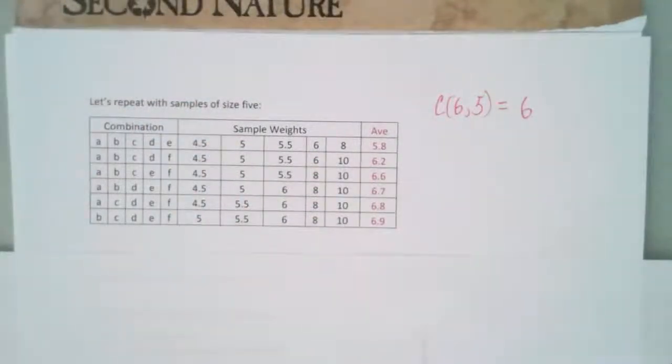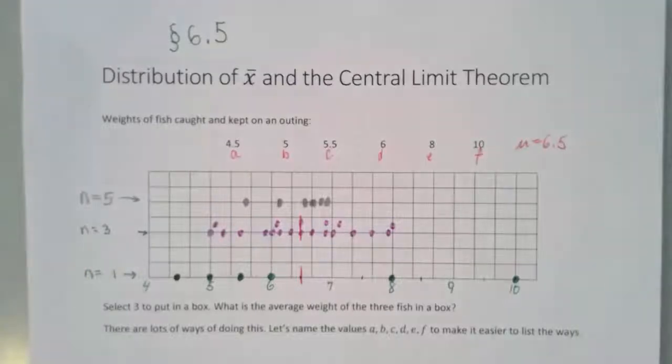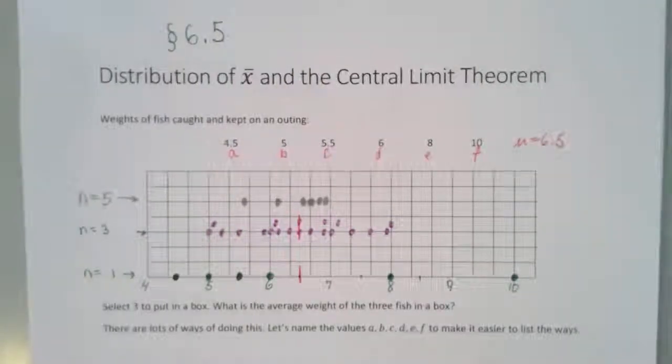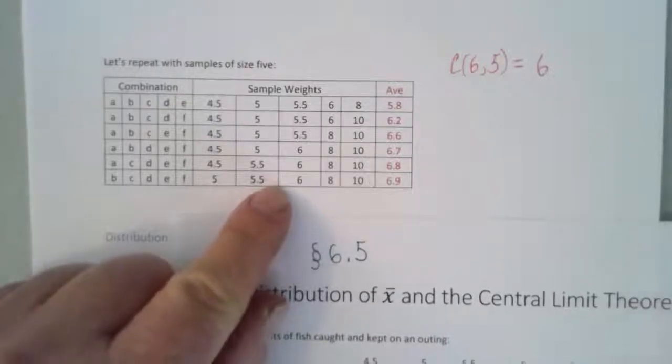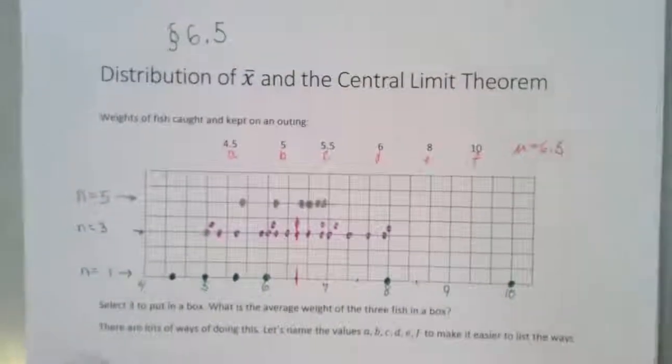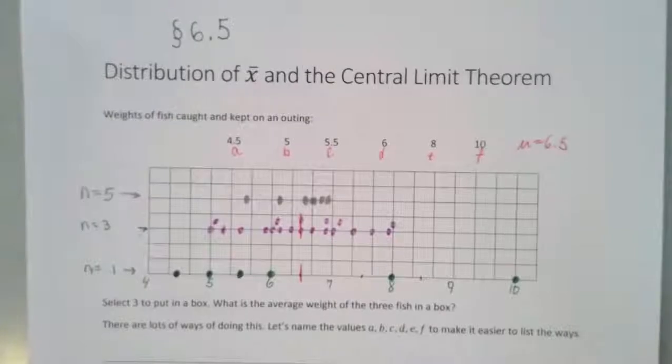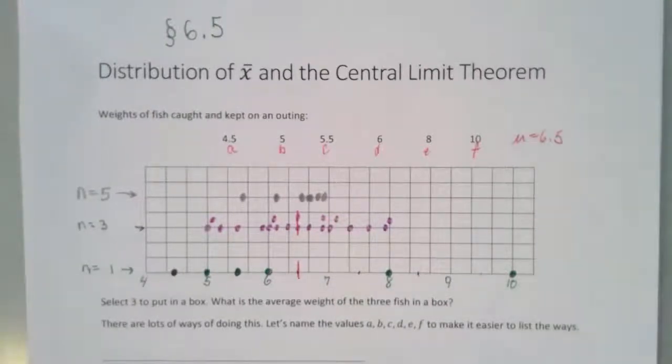Well, let's graph those. Okay, we've graphed the means from the samples of size 5, and we end up with this graph right here. And what you notice straight away is that this effect that we had at first has continued.